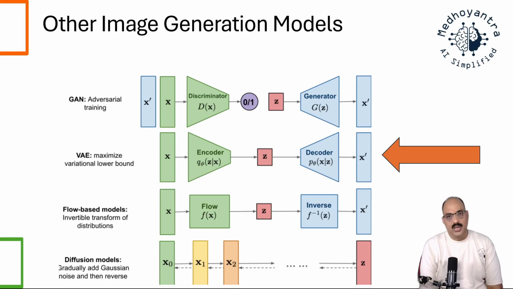This video is the second in the series where we understand various types of image generation and manipulation algorithms. Today we will understand autoencoders and variational autoencoders and their working principle.